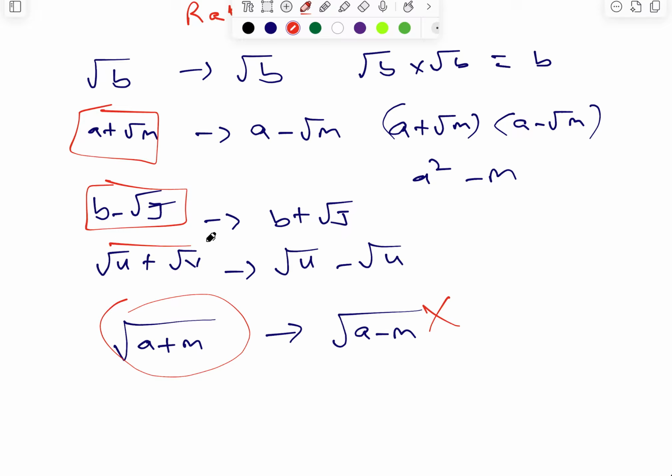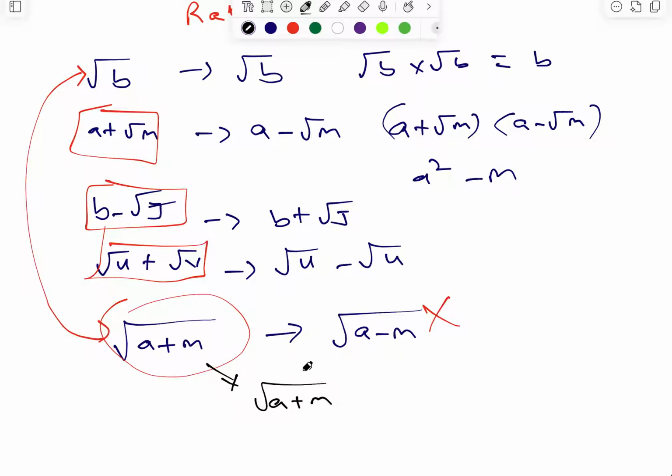These ones, the roots are separated. So the conjugate of this is just the same thing as square root of a plus m. Or technically, the agent of rationalization is just square root of a plus m. So take note of that. Whenever you have a single root, you do not need to change the sign.